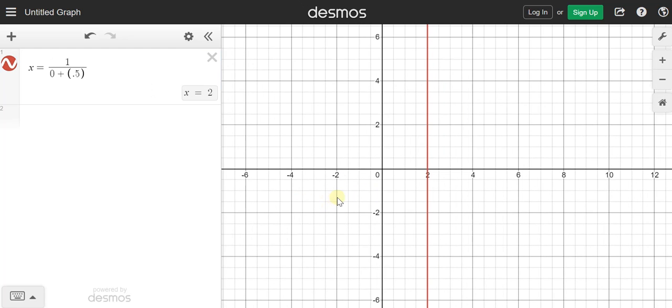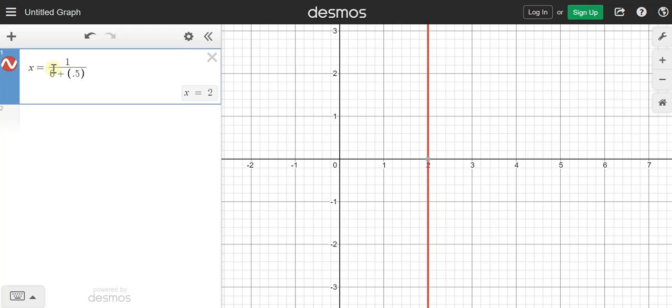Now, let's try and visualize the function as x equals 1 over 0 plus a number. Here, I added a half. So, we have 2. 0 plus 0.5 is the same as 1 over a half, so we are given 2.